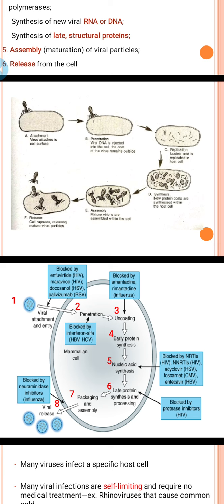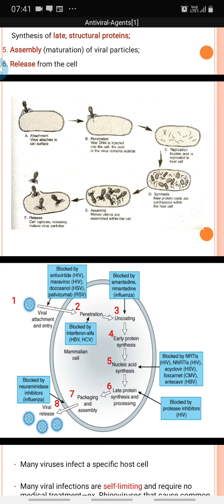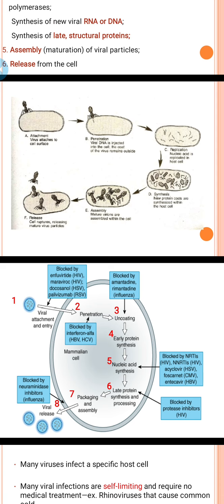For hepatitis B virus, it is blocked by entecavir. Late protein synthesis is the next step, and the processing of the new virus particle is blocked by protease inhibitors for HIV. Next are packaging and assembly, and the last step is viral release, which is inhibited by neuraminidase inhibitors for influenza virus.